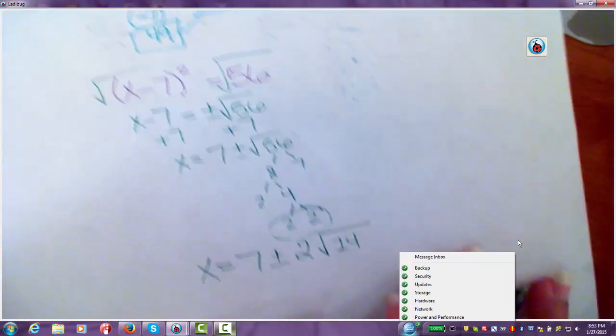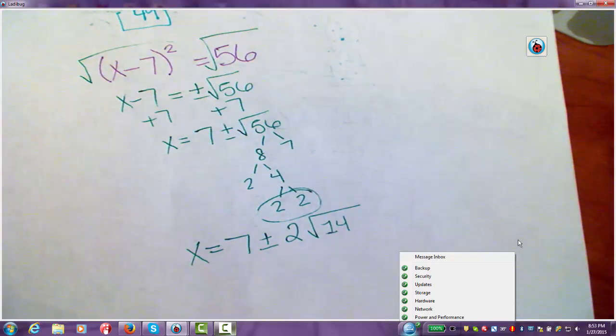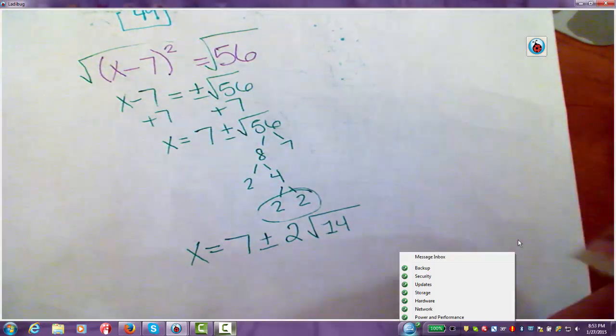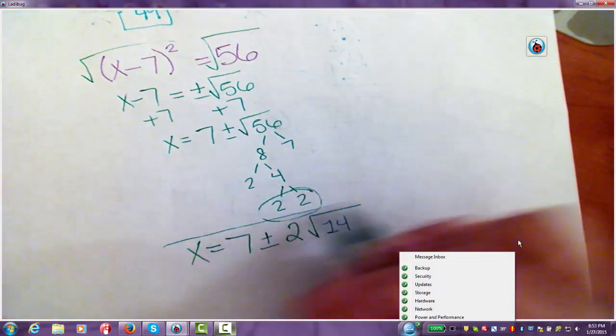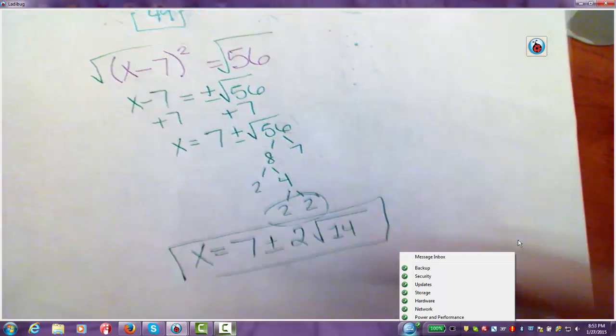So x equals 7 plus or minus 2 square roots of 14, is our final simplified answer.